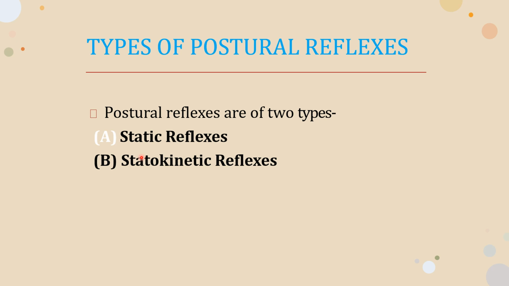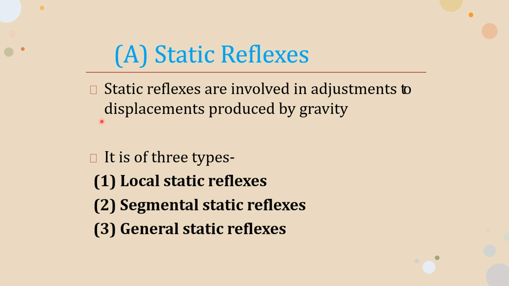The types of postural reflexes, as I told you, are static and statokinetic. Static means the reflexes which are involved in adjustments of the body to displacement produced by gravity. So this is the main thing here.